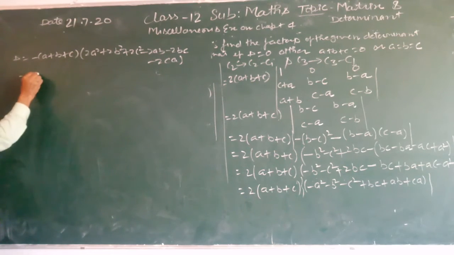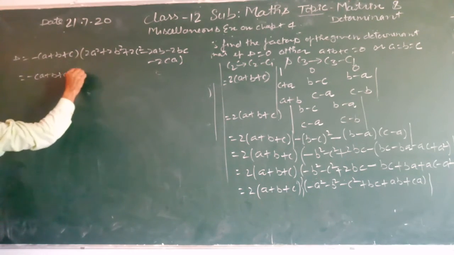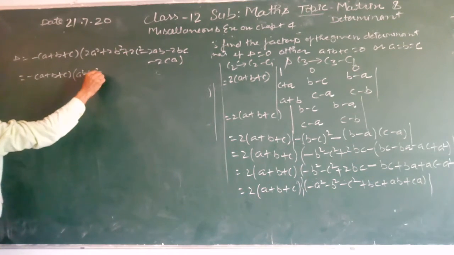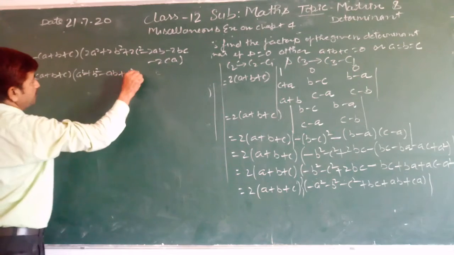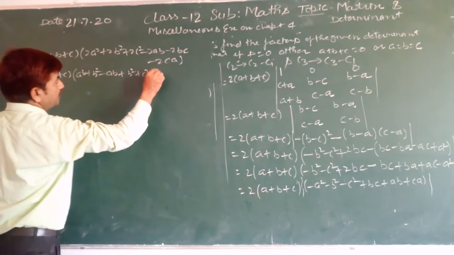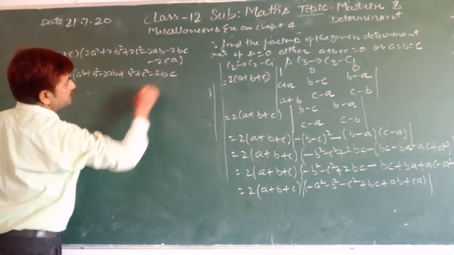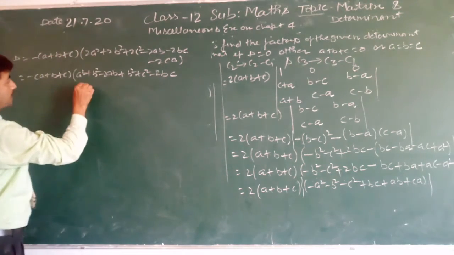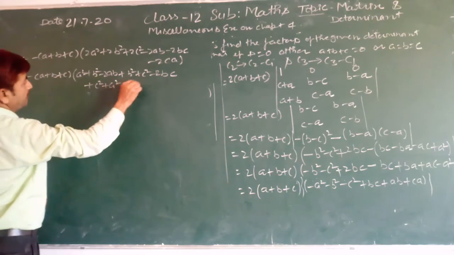It is equal to minus A plus B plus C times A square plus B square minus 2AB, plus B square plus C square minus 2BC, plus C square plus A square minus 2CA.